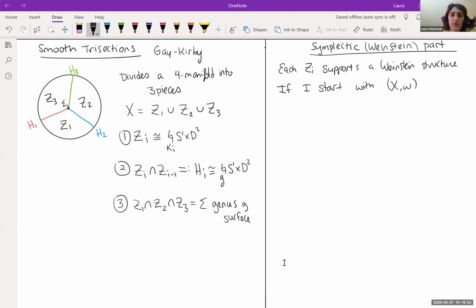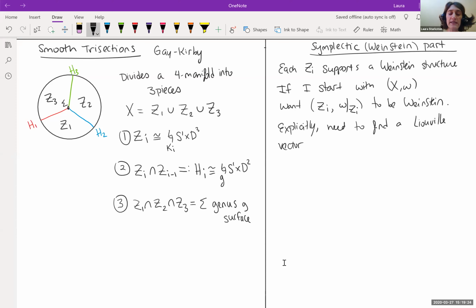So we want Z_i with its restricted symplectic form to be Weinstein. Explicitly, what we really need to find is the Liouville vector field. And being Liouville means being Liouville with respect to a particular symplectic structure.